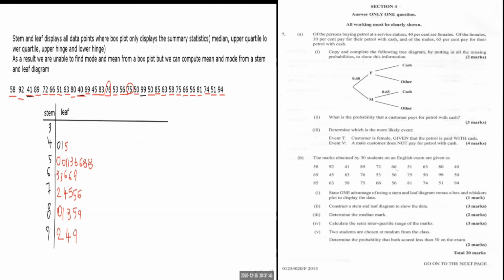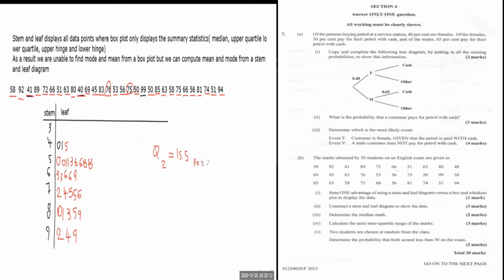It says determine the median mark. So the median is Q2. The median occurs midway, at the 15.5 position. That's the median, 15.5 position.